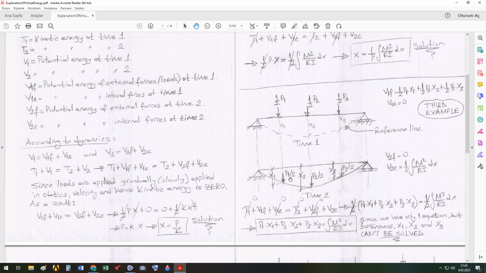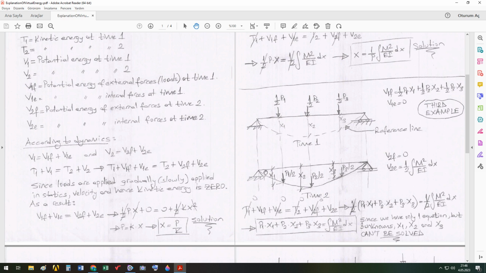So P1 over 2 times 0 is 0. Okay. Similarly, P2 over 2 times 0 is 0. P3 over 2 times 0 is 0. So as a result, the potential energy of external forces at time 2 is 0.